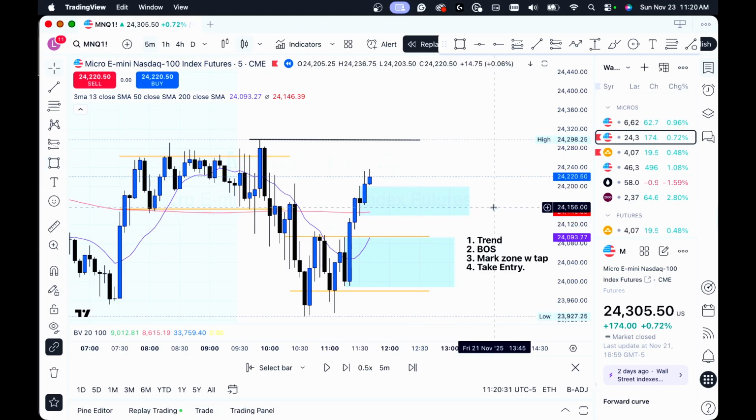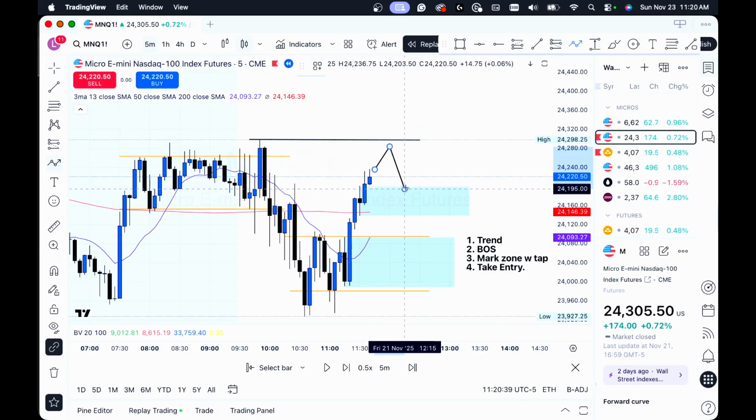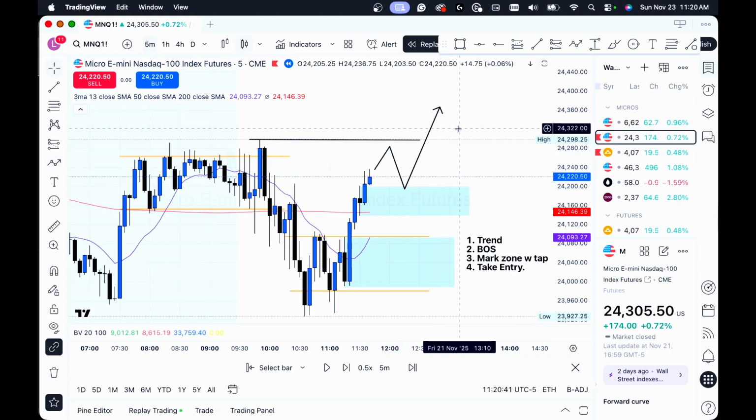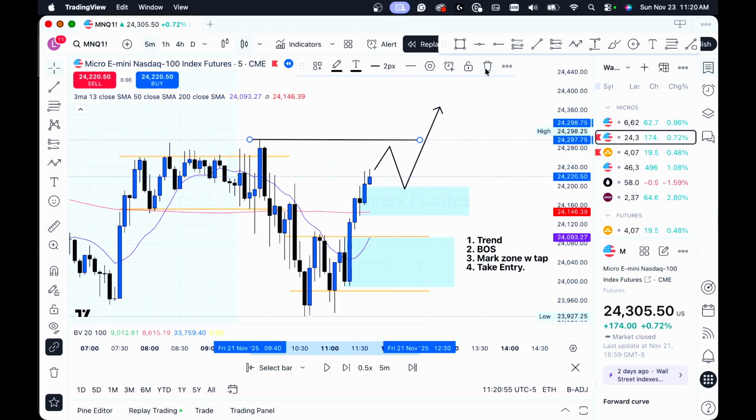Now I need to wait for price to come back, tap the structure, and get the money shot. That's an uptrend. Higher low, higher high, higher low to pull back, and higher high. We get money on the next higher high forming. That's the money shot. All right. That's what we're waiting for.